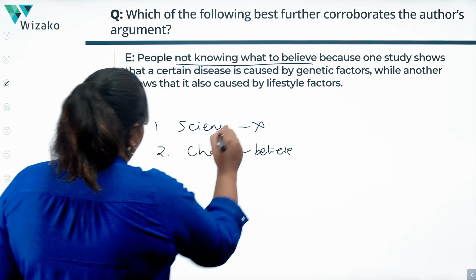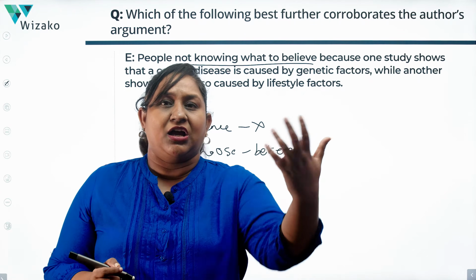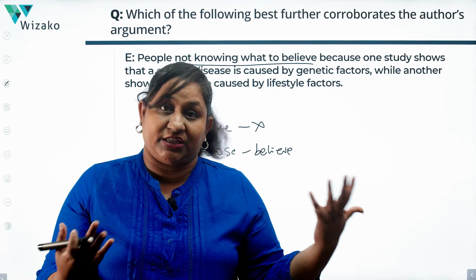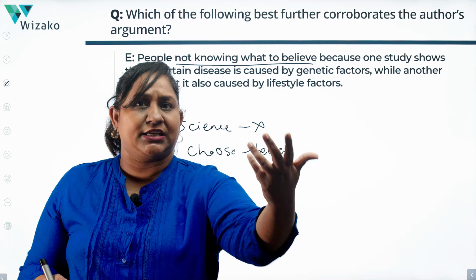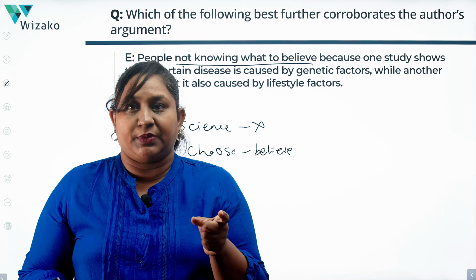In neither case did people not know what to believe. The argument said, when two results are very different, I am choosing to believe either one or two, whichever I like better. The answer option is saying, when two results are different, I don't know what to believe, which is different from what the argument talks about.